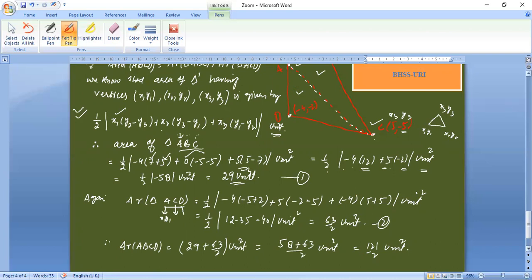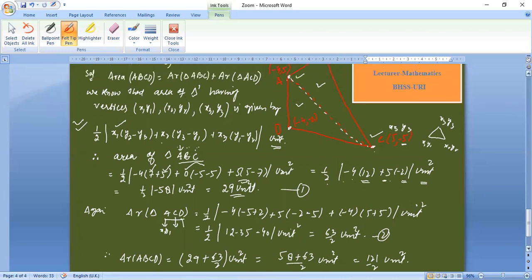So x1, y1 is associated to this one. This is x1, y1. And see here, this is x2, y2. In the first case, it was x3, y3. Now here, x3, y3 is this one, right?